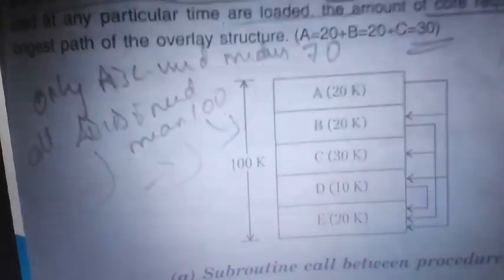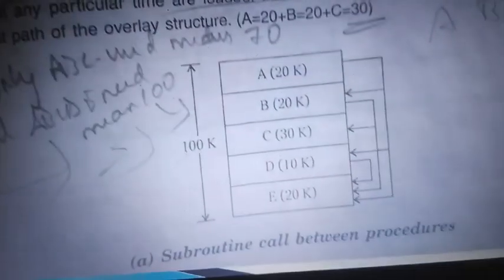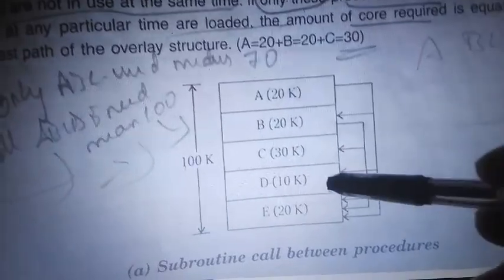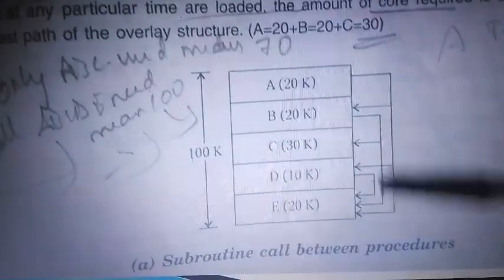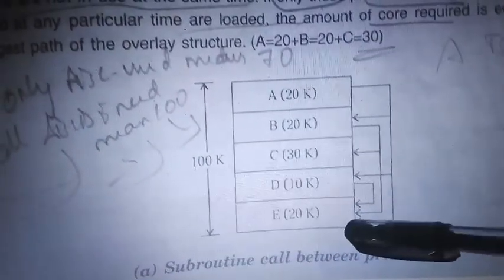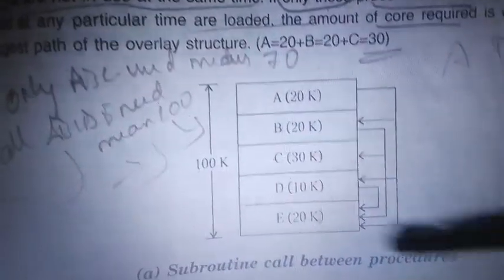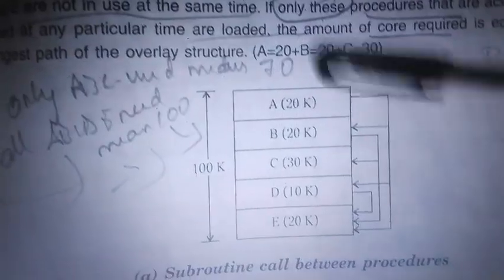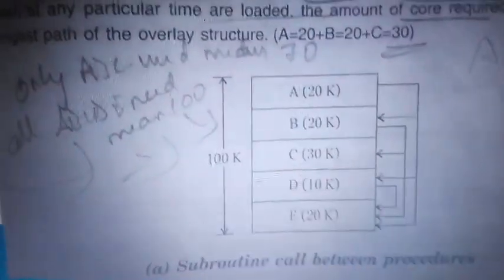With the help of 70K, I can run the entire program where it required 100 kilobytes, because A can call D and E, B can call E, C, and D can call E. Clear? So with 70 I can run a 100K program. So that's the overlay structure.